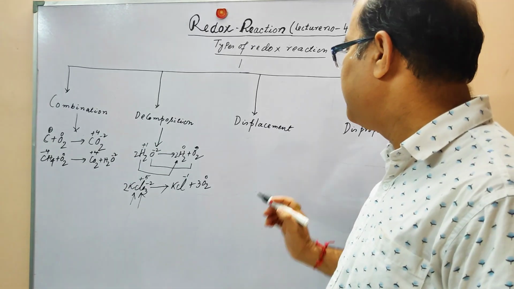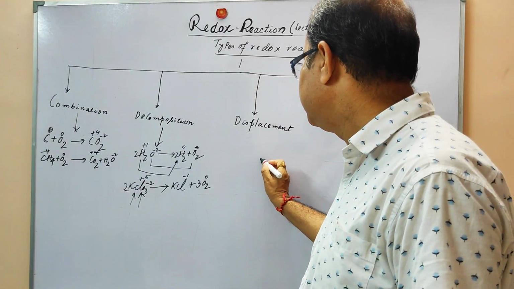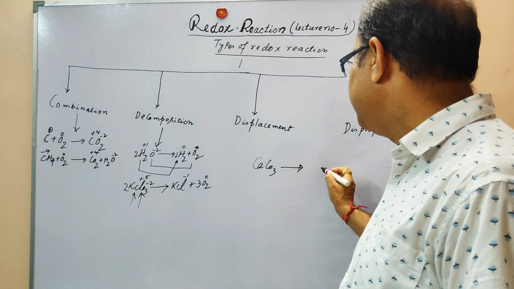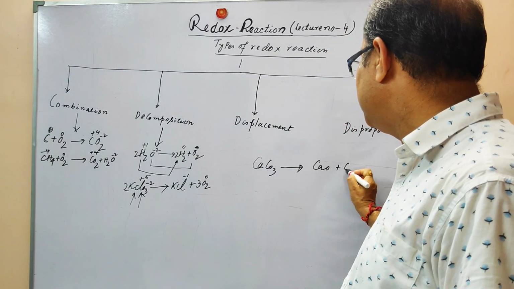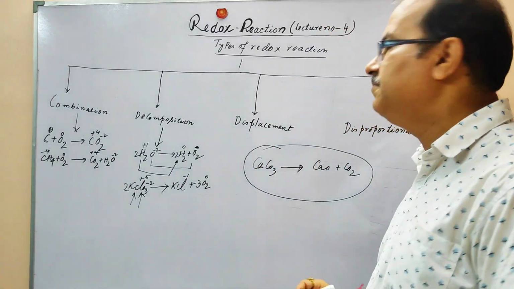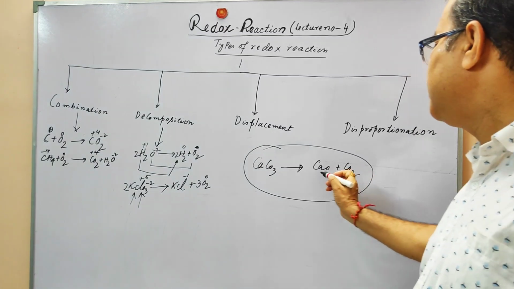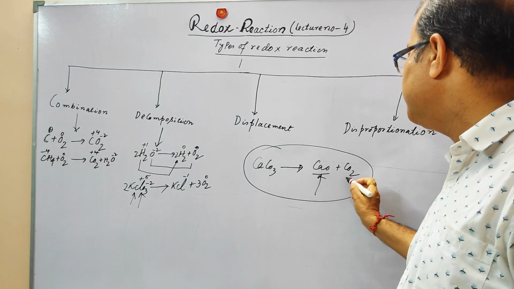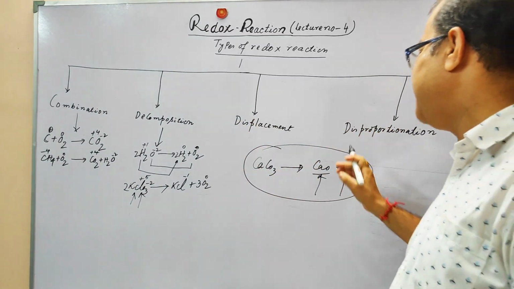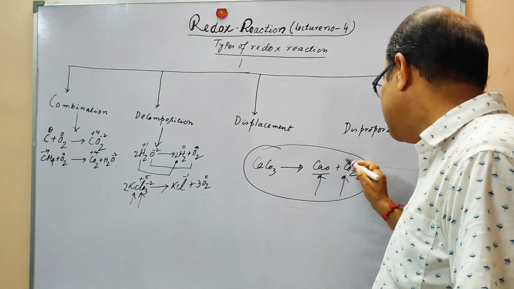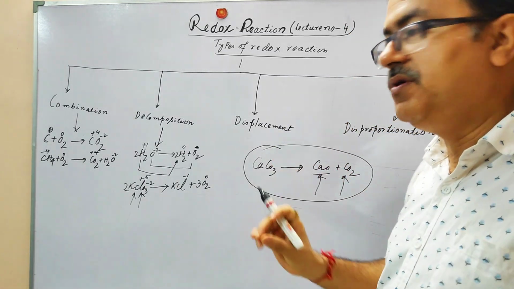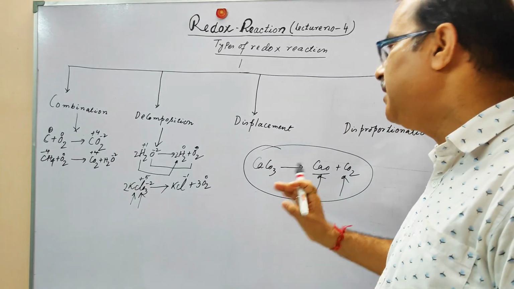One question normally comes: calcium carbonate decomposing to CaO plus CO2. Do you call this a decomposition redox reaction? No, because here the molecule has been broken into parts, but both of the products are not in the elemental state. CaO is a compound, CO2 is also a compound.